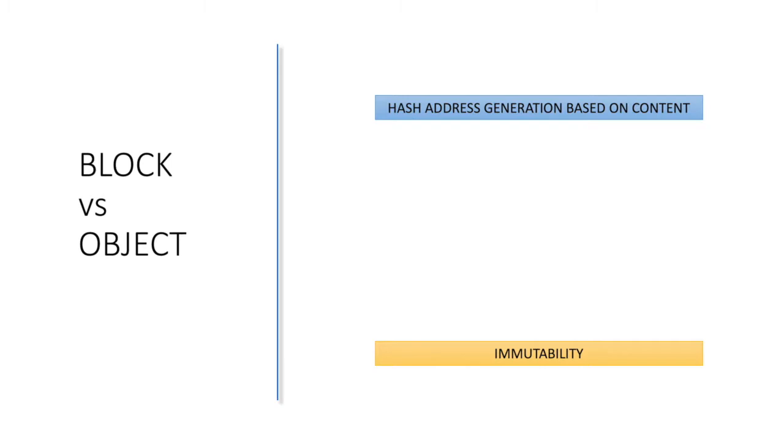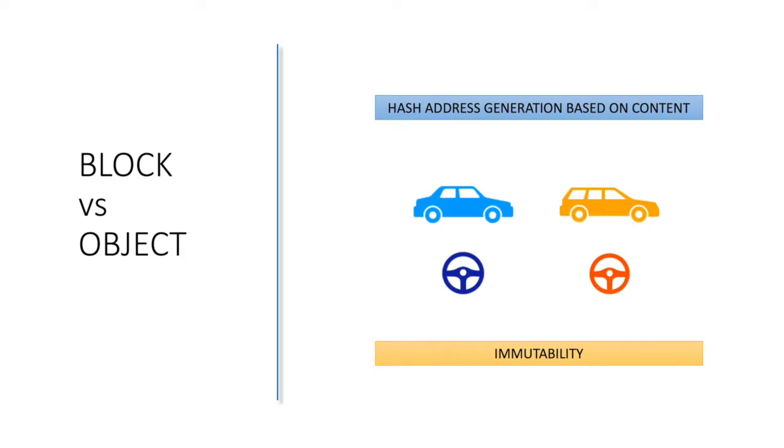So let's take an analogy. If you have a car, and you just want to make a change to the steering wheel, it doesn't allow you to just change the steering wheel. You will have to change the entire car. So here the car is an object, steering wheel is a block.